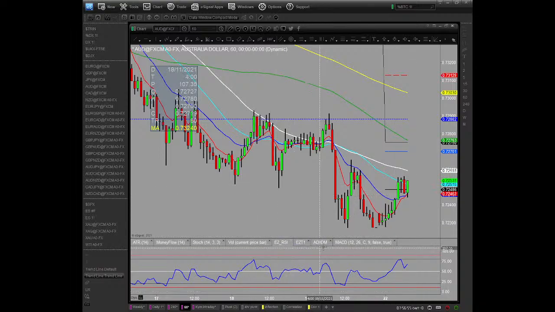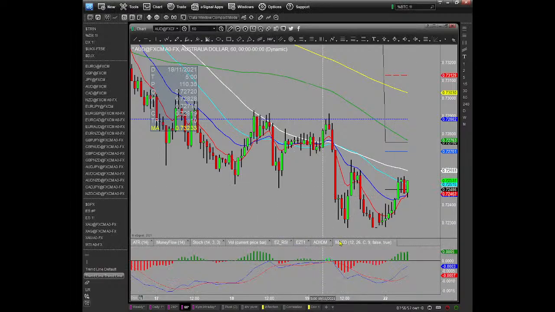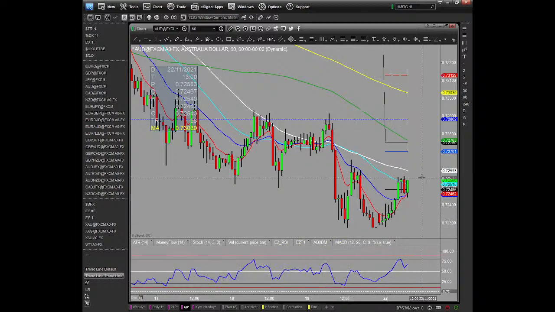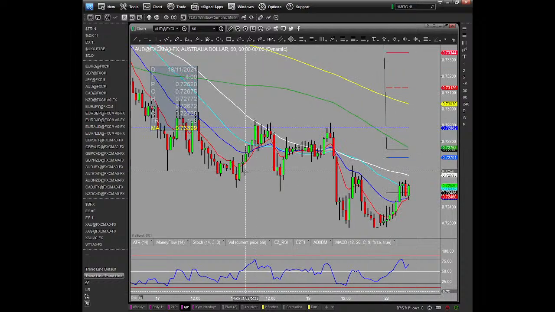Let's just see if MACD's confirming. Not really. I prefer it if they both confirm, but not really. But if it does pitch up to this sort of area, it would then be of interest maybe to see if we get a little reversal round that high, beg your pardon, and trade it. Right, that's the Aussie.